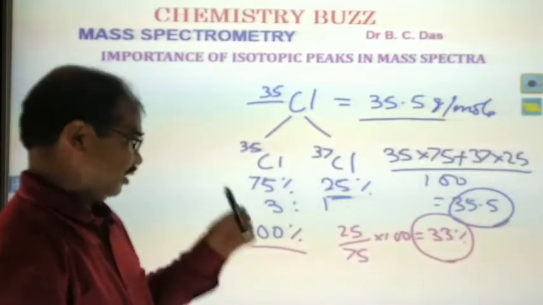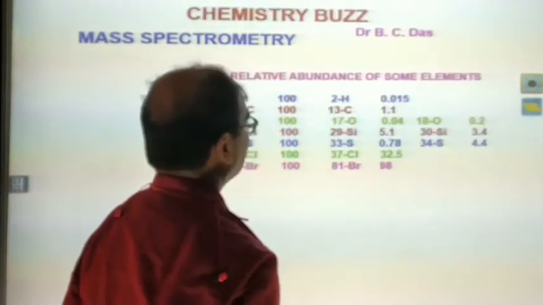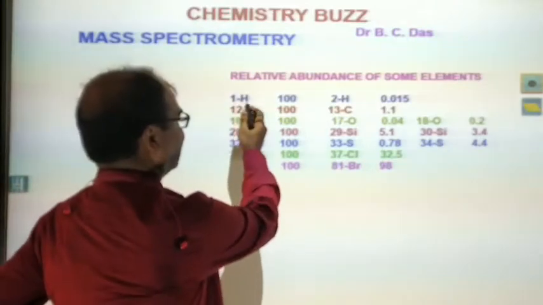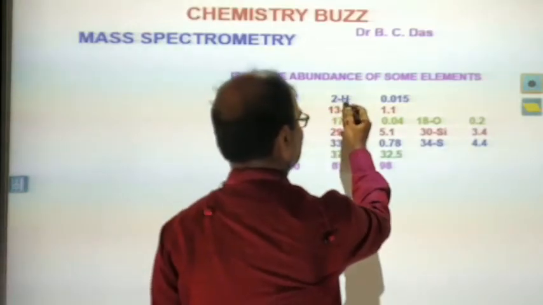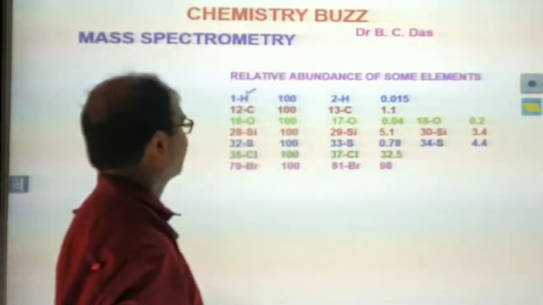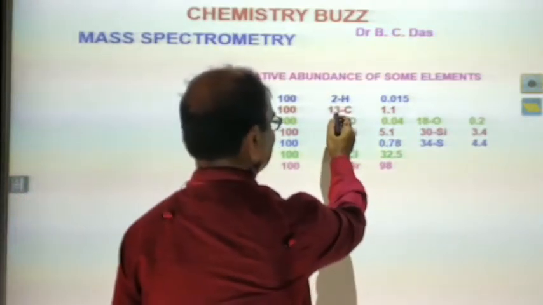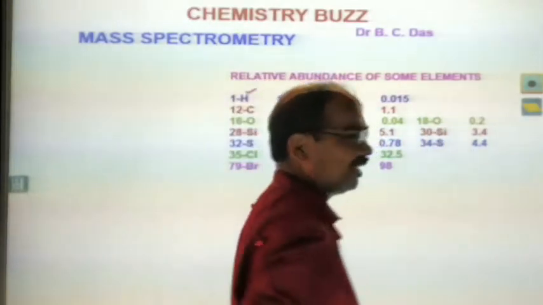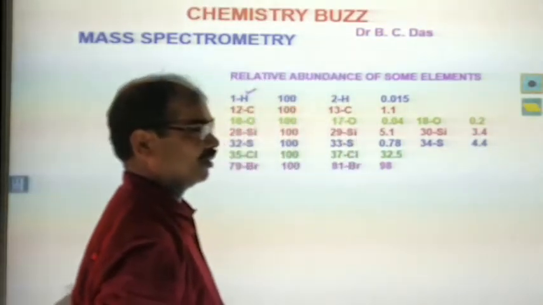Now we consider the relative abundance of some elements, say hydrogen 1 and hydrogen 2. Hydrogen 1 is 100% and hydrogen 2, that is deuterium, is 0.015%. For carbon, 12C is taken as 100% and 13C is 1.1%. C14 is there, but its concentration is very low, so it is not reported here.